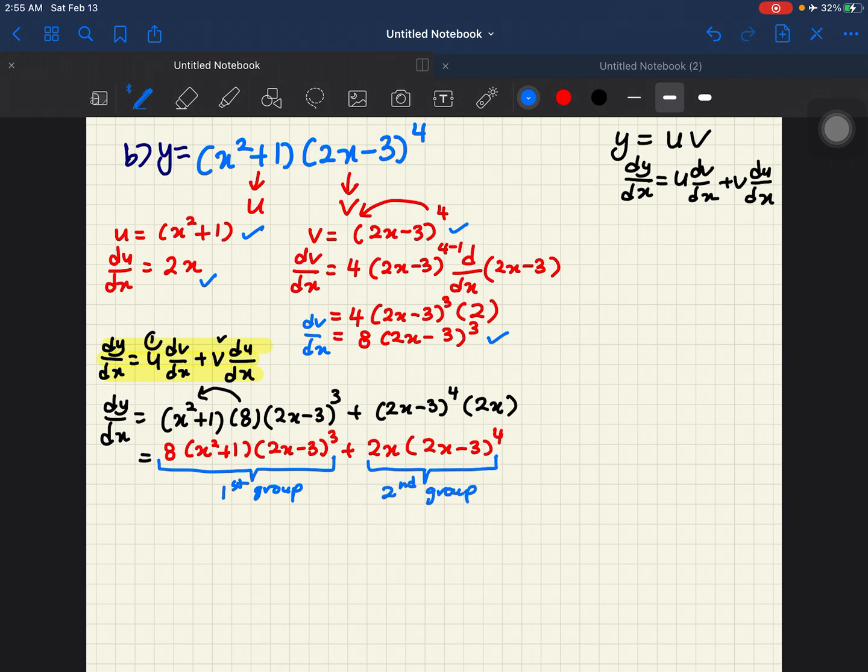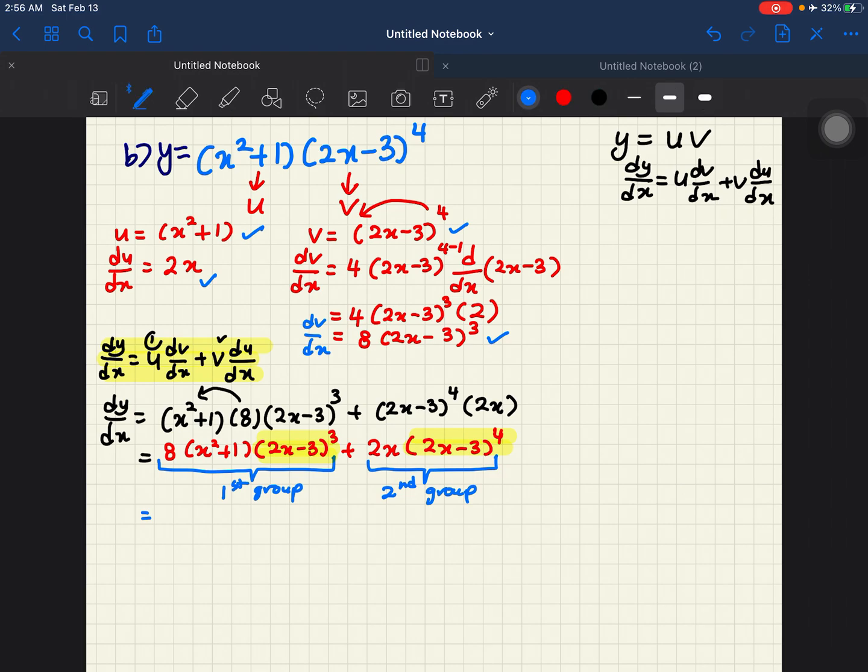Did you see any similarity between the first and second group? Yes. What do you see? You see that they are sharing the same like terms. It's just a matter of the power being different. One has power 3, one has power 4.